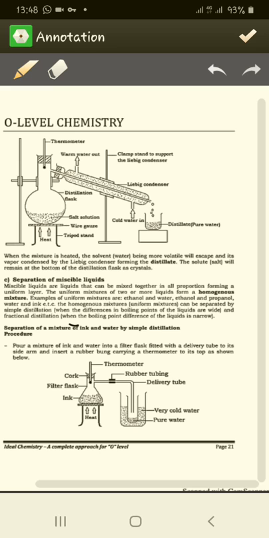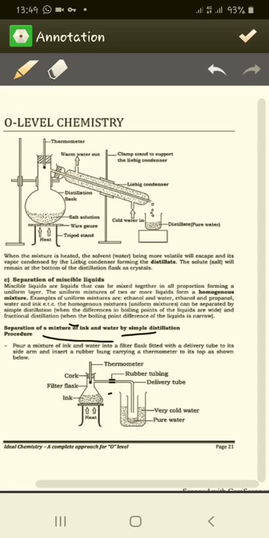So what is the procedure? If we want to separate a mixture of ink and water, their boiling points are far apart from each other. So we pour a mixture of ink and water in a filter flask, and the delivery tube to the side arm.